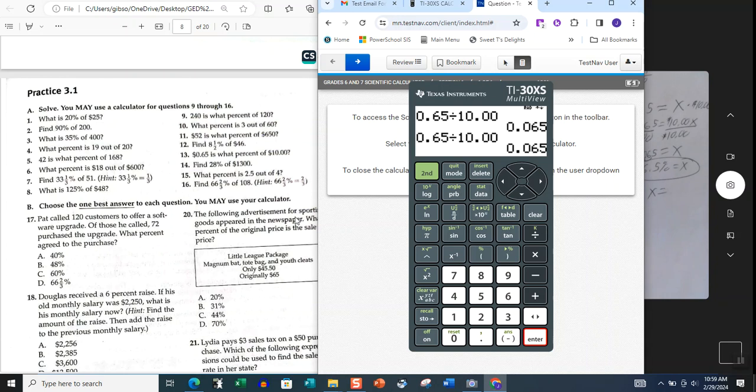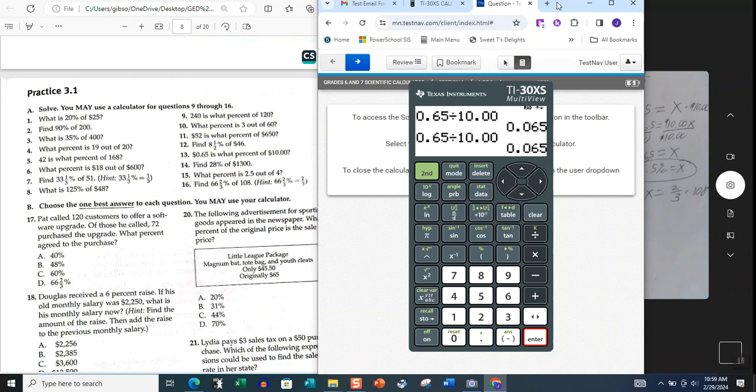All right, so 66 2/3%, they tell us that this is equal to 2/3. So we can replace the 66 2/3 with just 2/3. Of means multiplication, and 108 is just 108. So x is 2/3 times 108.